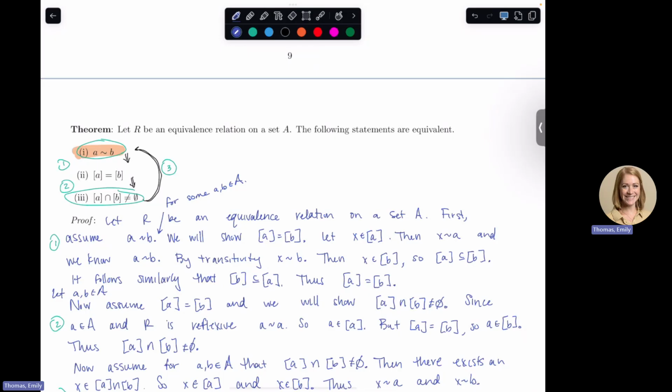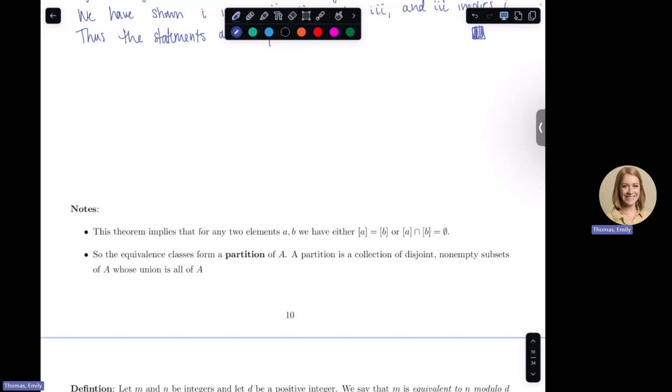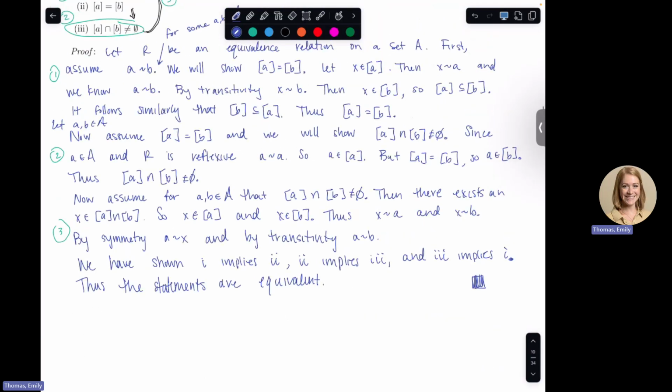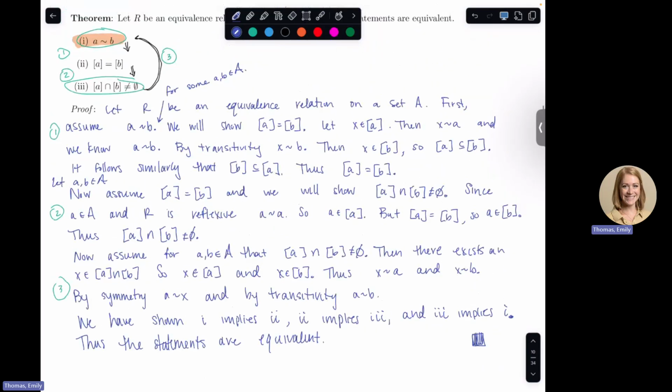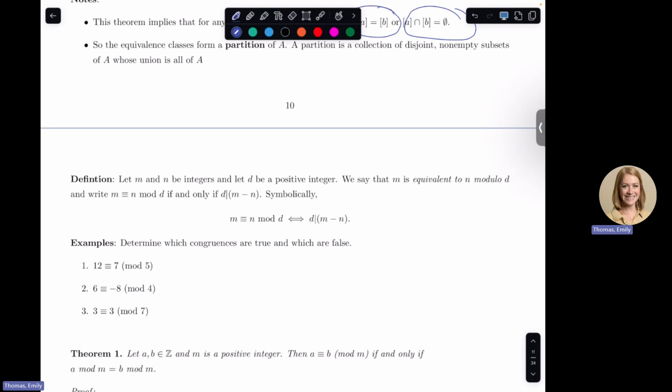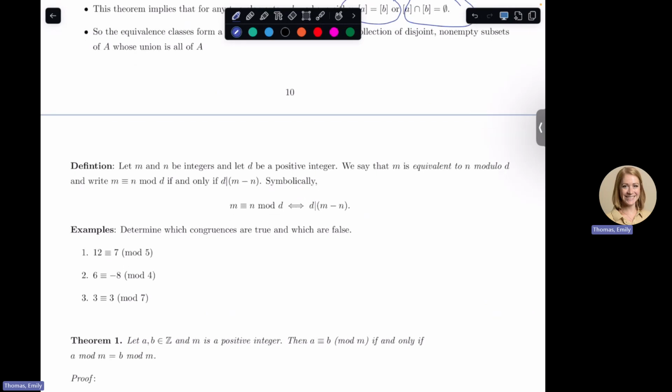So either the equivalence classes are the same or their intersection is empty. You know you can watch it in Teams. It doesn't disappear.